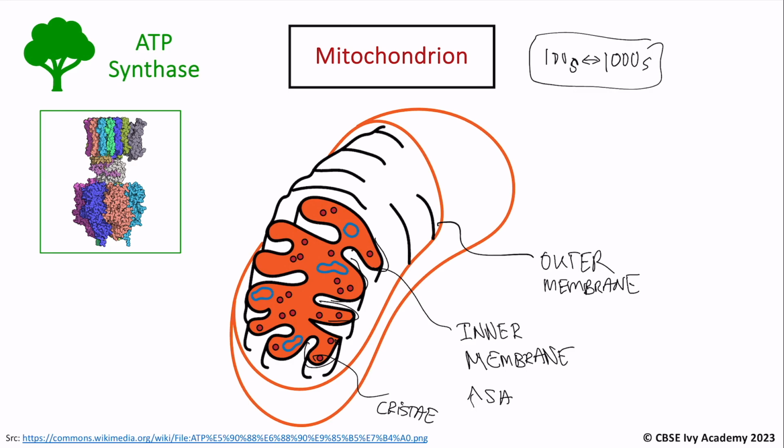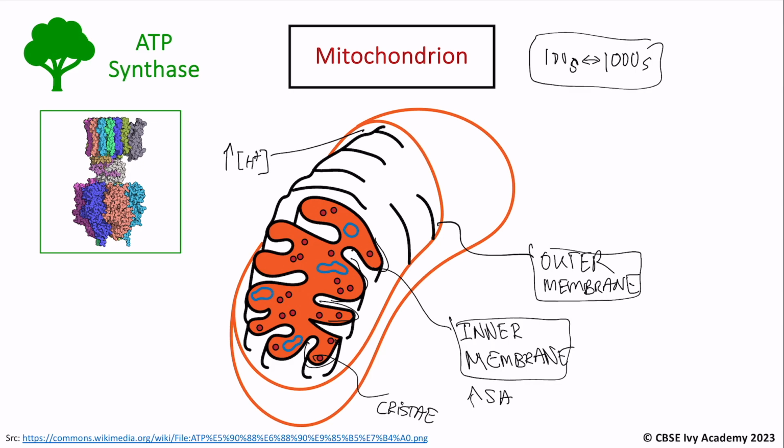This inner and outer membrane creates an intermembrane space, between the black and orange membranes, and that has a high concentration of hydrogen ions.